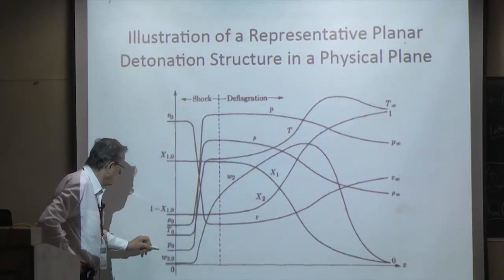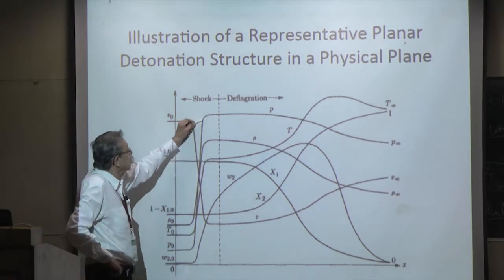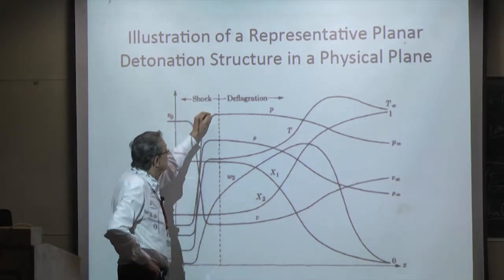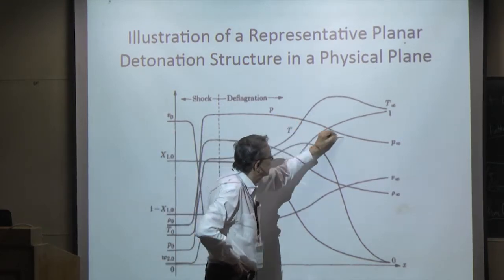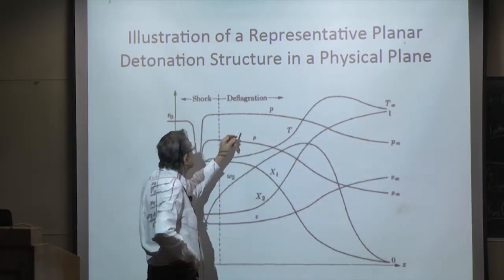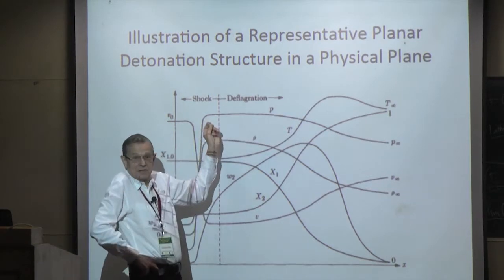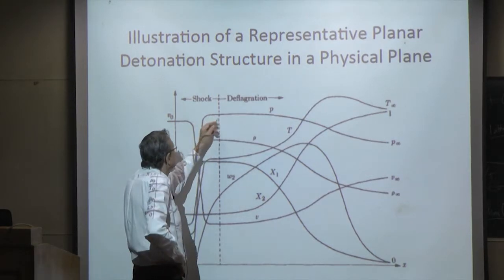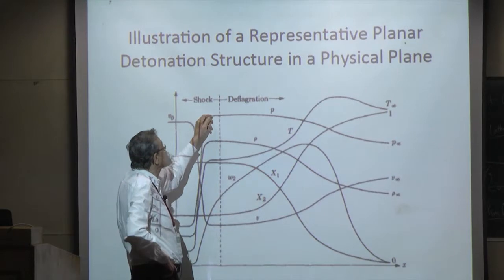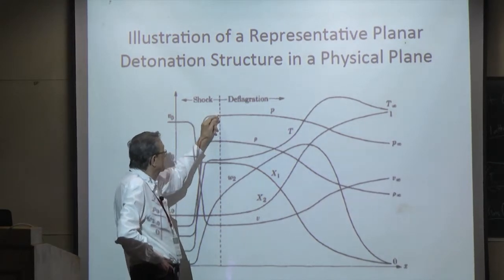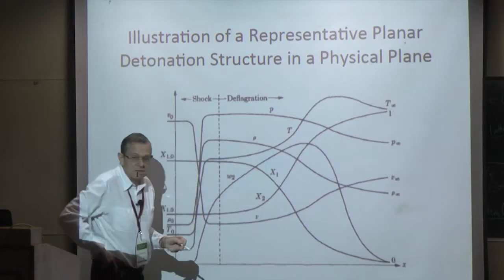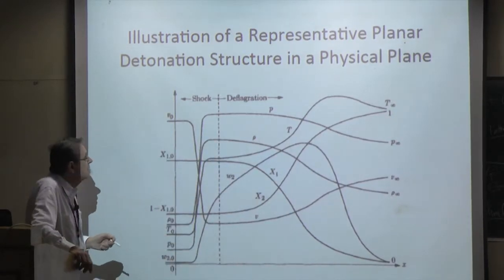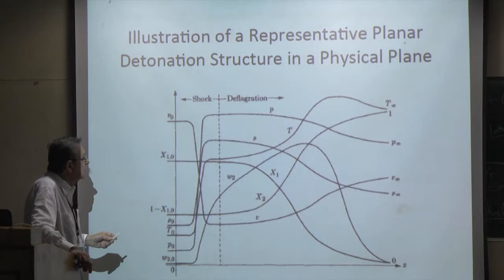The pressure increases a lot across the shock, and then it decreases as the heat release takes place to the final state. So the highest pressure, the most dangerous part of the detonation, if you like, is the pressure at the Neumann state. The Neumann state here is the highest pressure. The final detonation pressure is not as high as the initial.